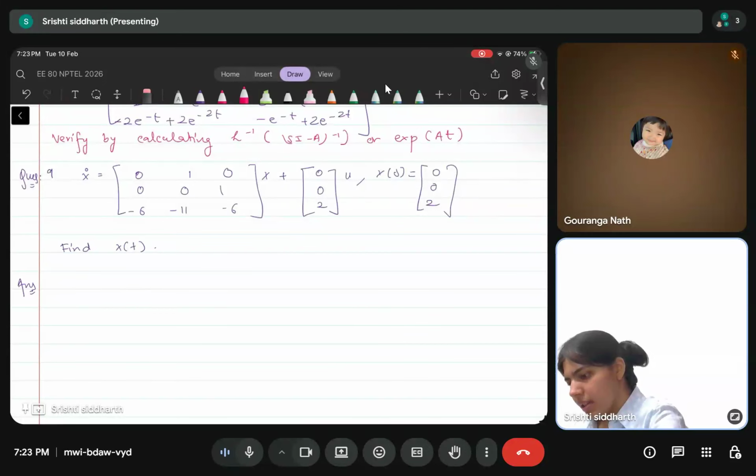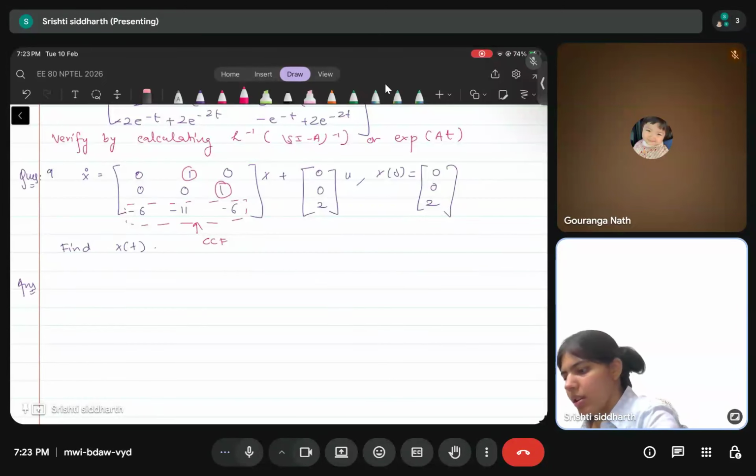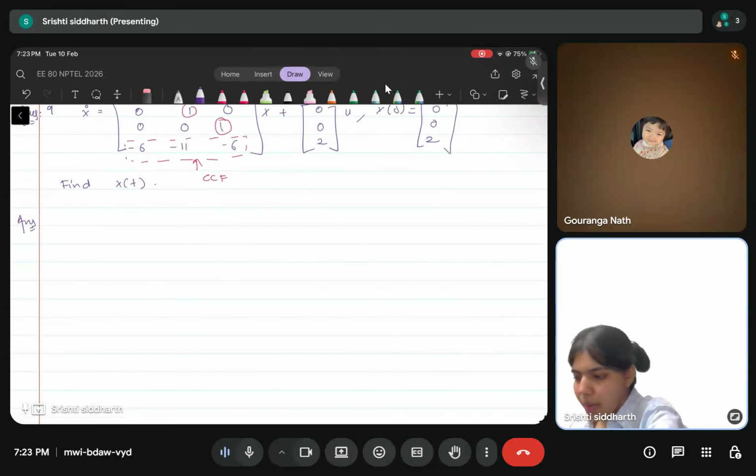So observe that this is in the controllable canonical form, right? This is a chain of integrators, and then we have a non-zero row at the end. If we have the A matrix in CCF form, we can get the modal matrix P as 1, 1, 1, then lambda 1, lambda 2, lambda 3. This is a 3 by 3 matrix.